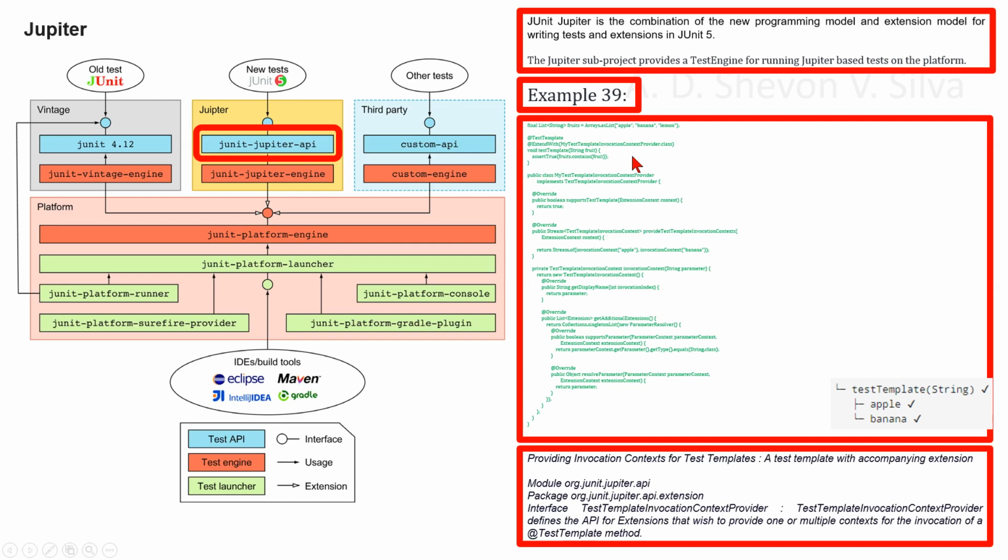Each context may specify a custom display name and a list of additional extensions that will only be used for the next invocation of a test template method. The following example shows how to write a test template as well as how to register and implement a TestTemplateInvocationContextProvider.